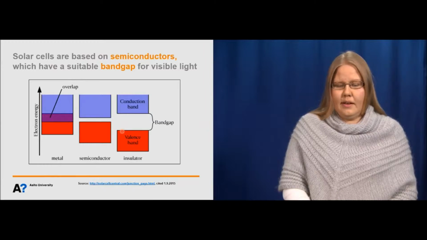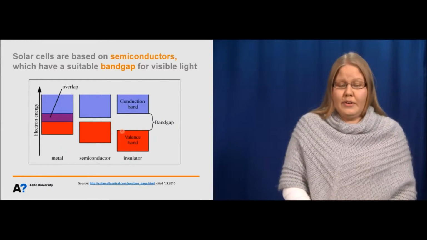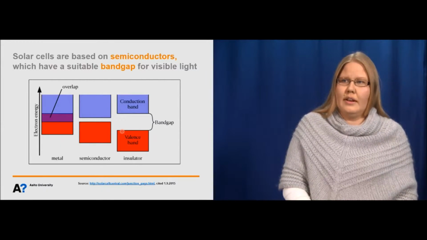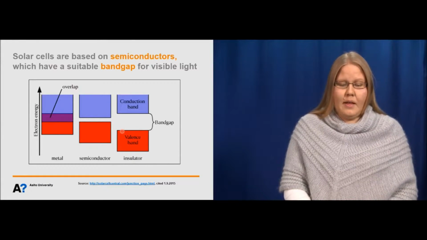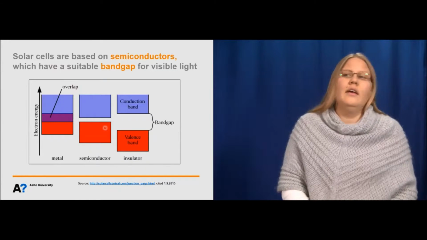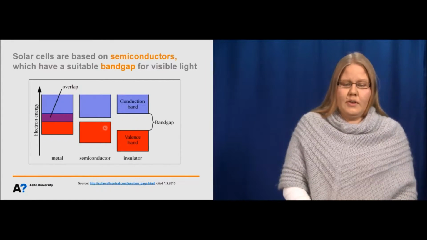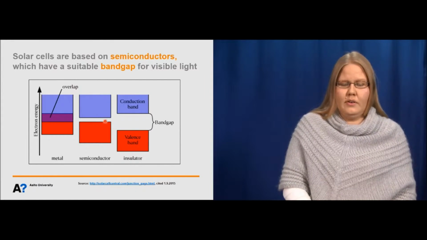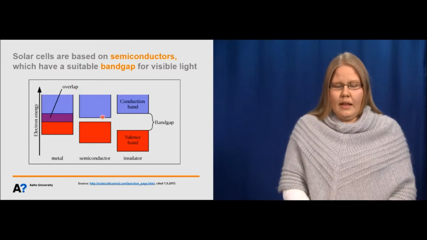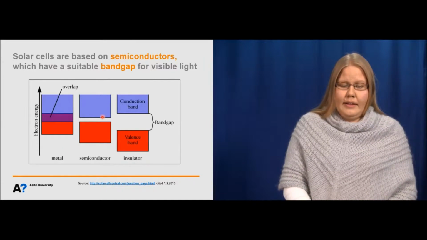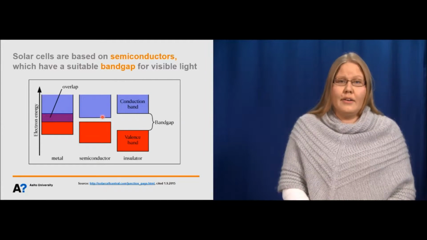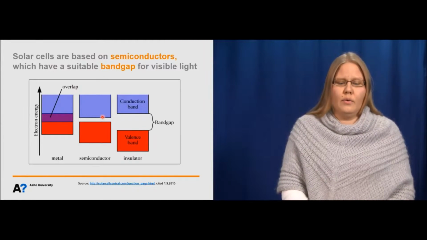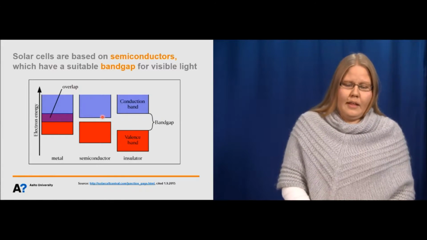In these cases, with insulators, it's very difficult to get an electron excited from the valence band to the conduction band. But in case of semiconductors, we can use a photon to excite an electron to the conduction band. And in case of solar cells, the photon needs to have high enough energy to go over the band gap.